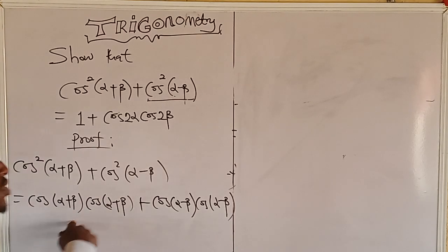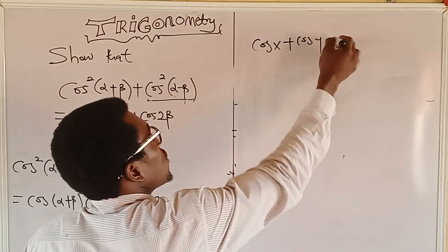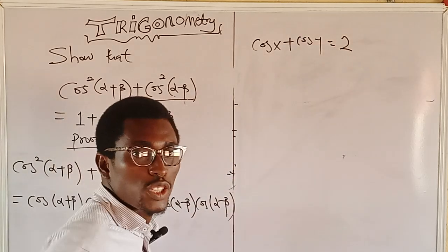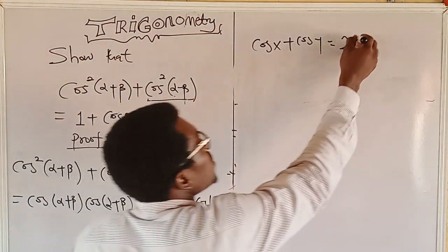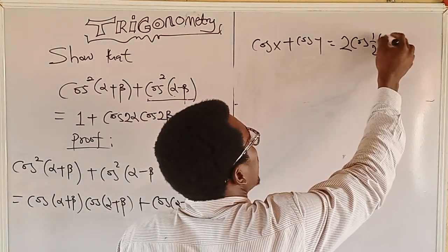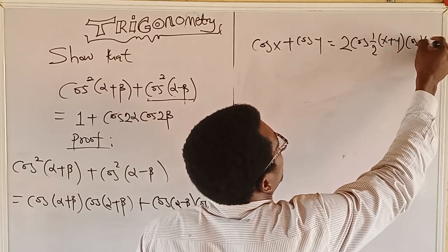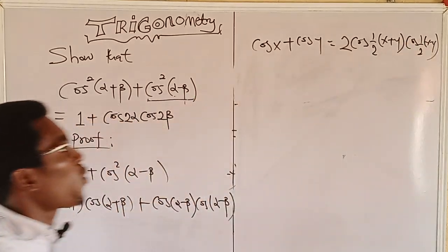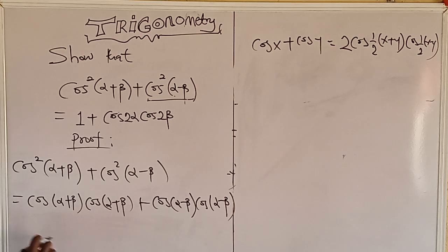Now, the only trouble with this expression is the factor 2 that is missing. The formula I quoted just now, we have that cos x plus cos y is equal to 2 cosine of half of x plus y multiplied by cos half of x minus y. This 2 is missing. Can you see that? It's not found here. So since this 2 is missing, we shall modify this expression as follows.